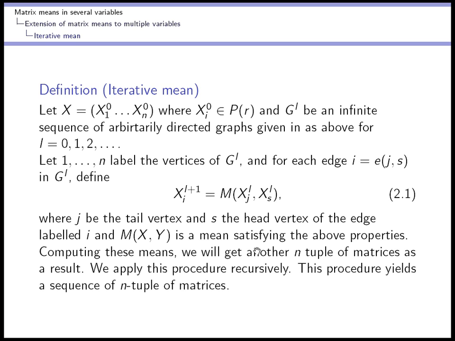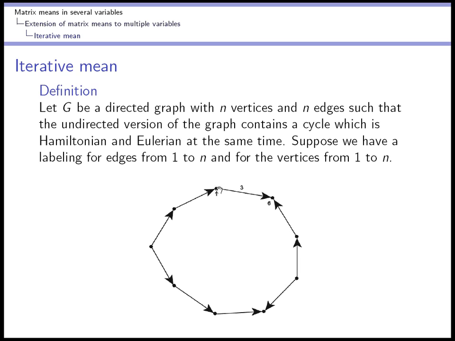Now, as an iteration step, we are going to compute means in such a way that for every edge i, we take the head vertex and the tail vertex, and we have the corresponding matrices, and we take their mean. Geometrically, this means that we take the first matrix and the sixth matrix, and we take the mean of these two matrices corresponding to these vertices, and we have another matrix, which will be labeled by 3.